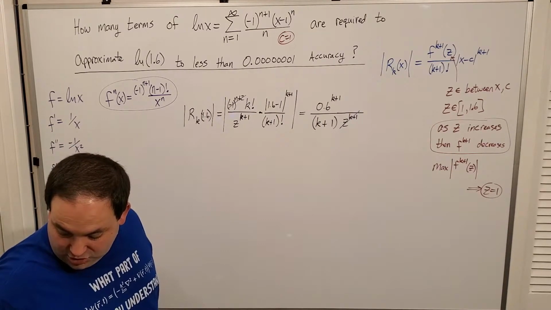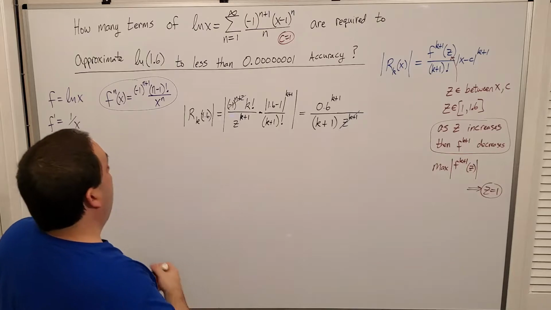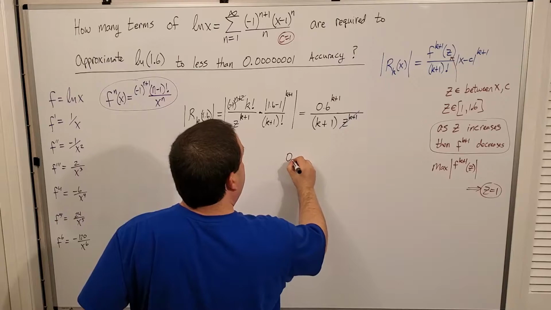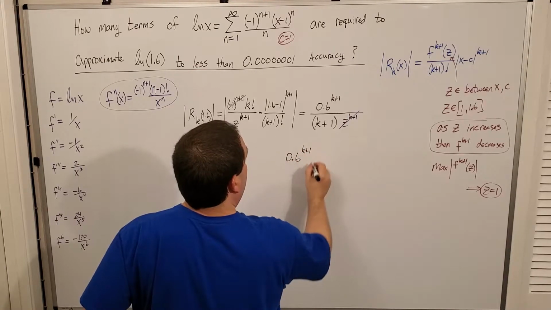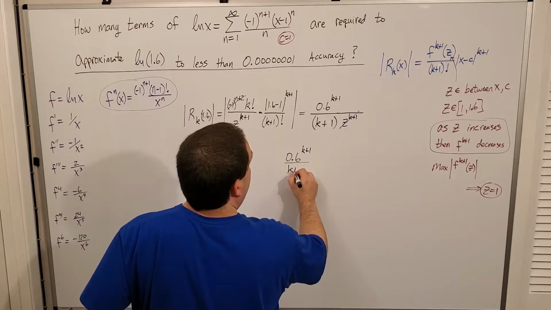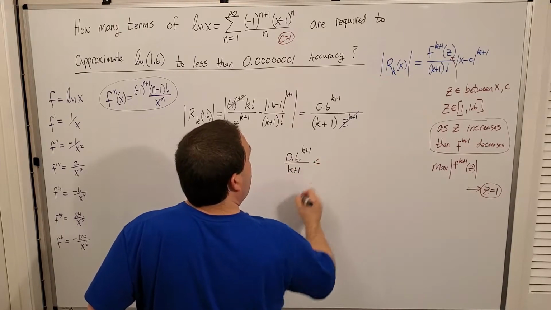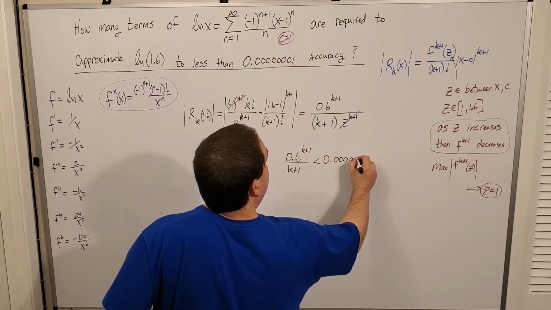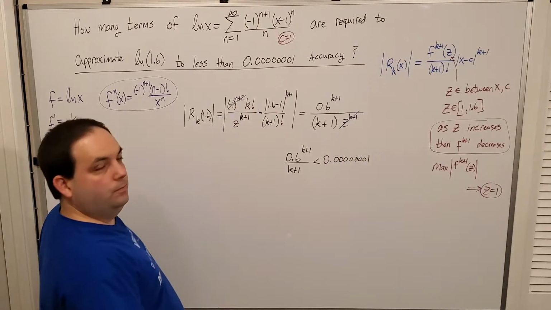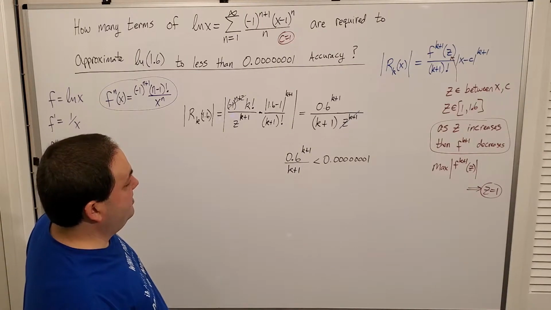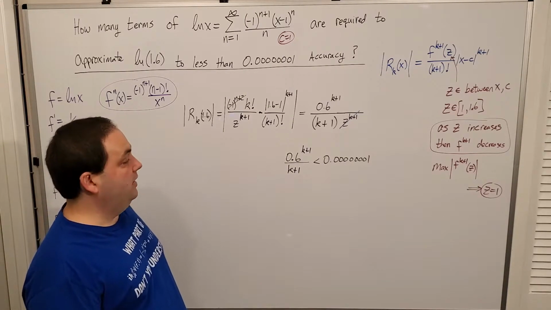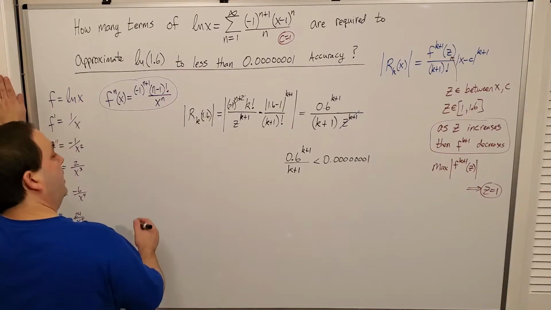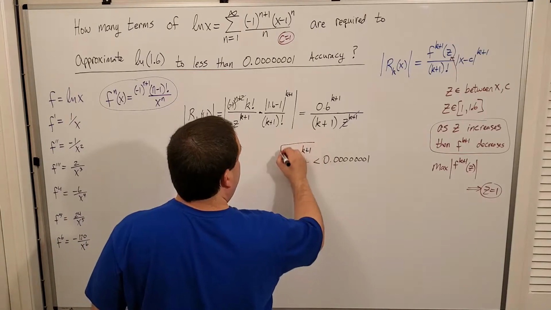What I now need to solve is the inequality where that error, the 0.6 to the k plus 1 power divided by k plus 1, needs to be less than 0.000000001, like so. The best thing to do for this is to chart it out, rather than actually try to solve the inequality.